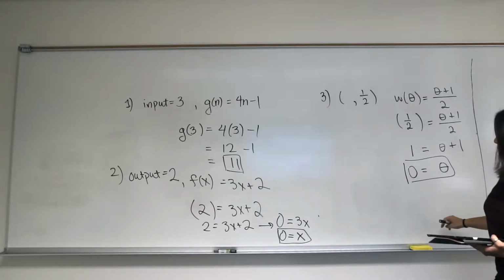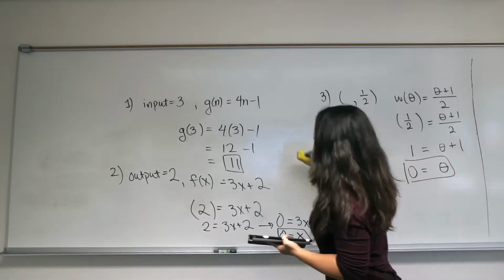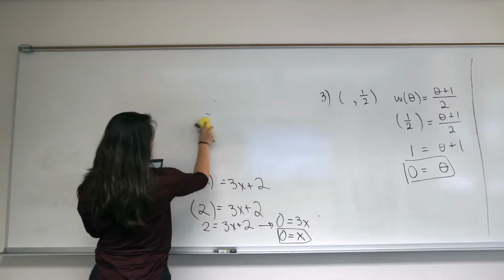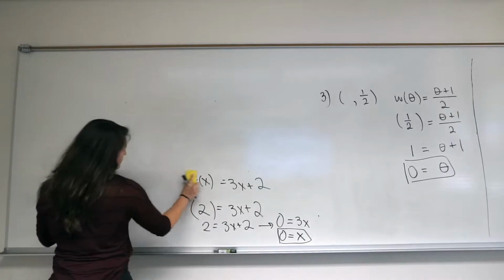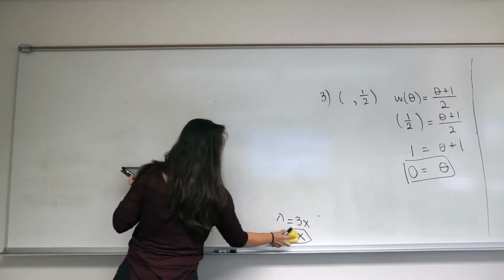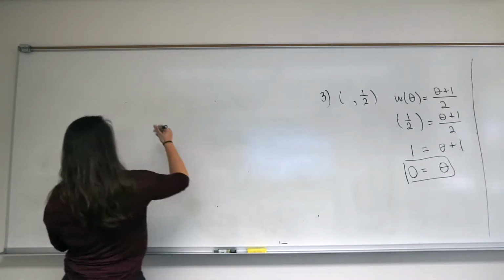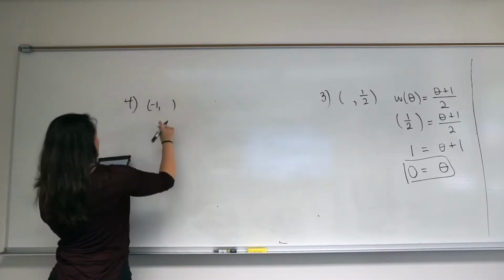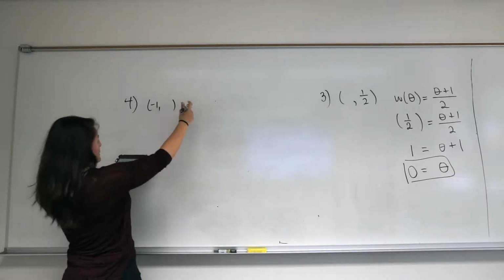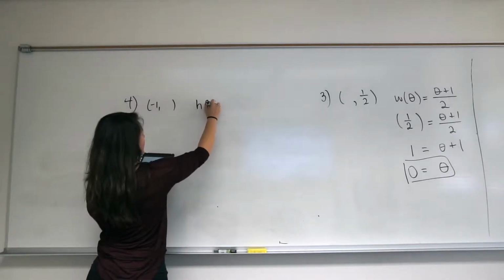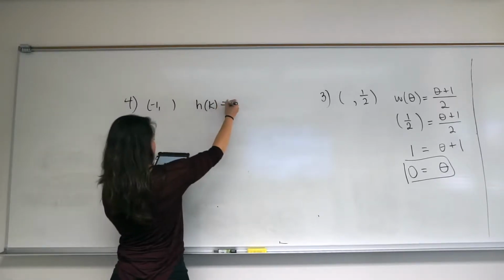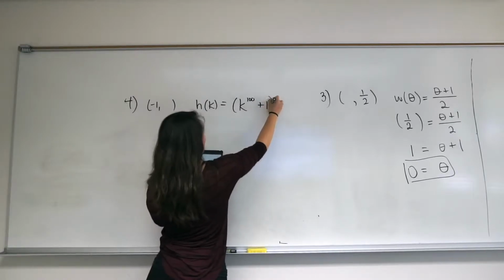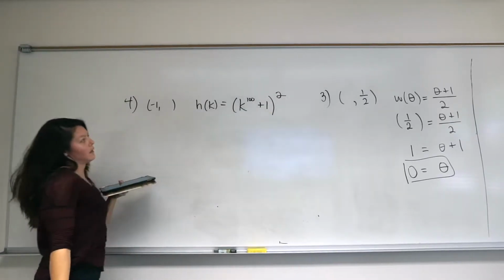And then let's do one more example. I'll go ahead and move over here. We have an ordered pair where the input is -1, and we're given a function h of k equals (k to the 100th power plus 1) all squared.